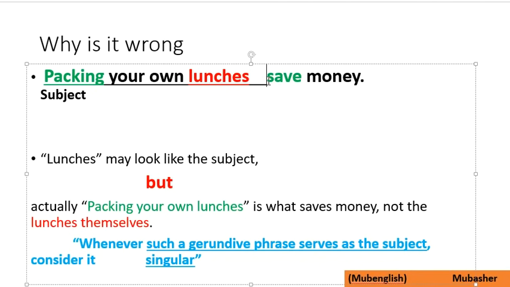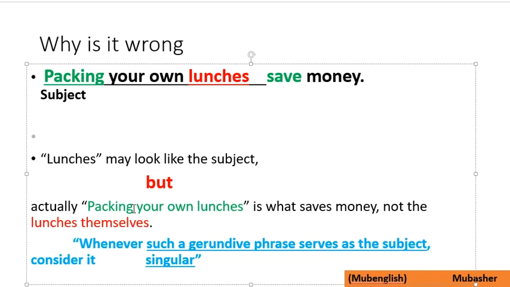So that's why this save has been used in accordance with packing, not in accordance with lunches. We have to analyze this complete gerundive phrase which carries packing as its head word, and the whole sentence is linking packing with saving. So there is a link between packing and saving.